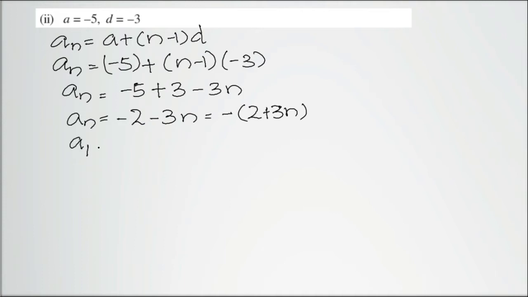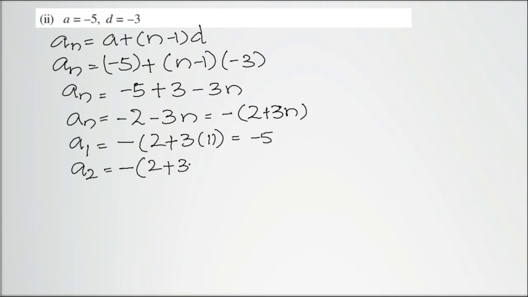So the first term will be minus of 2 plus 3 times 1. It will be negative 5. Second term will be minus of 2 plus 3 times 2, which will be negative 8.